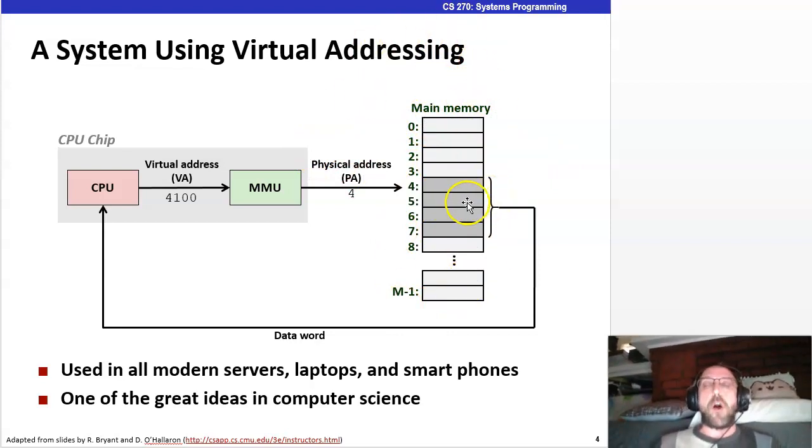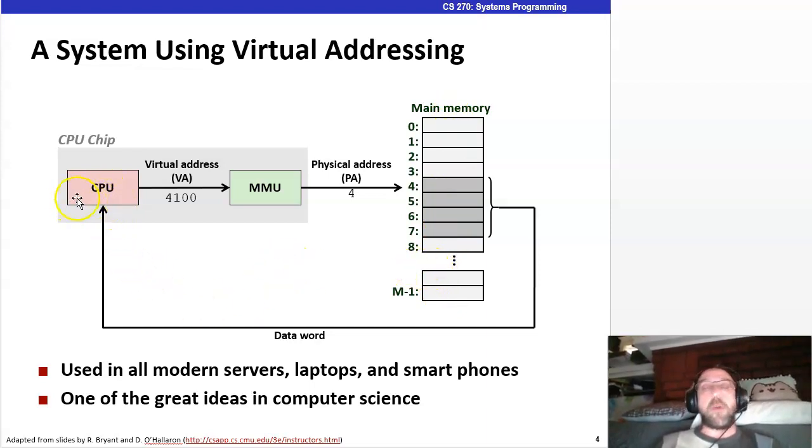As time has gone on, the main memory on modern computers is, of course, larger than 64 kilobytes. So maybe let's say 8 gigabytes. And the addresses of main memory, that is the physical addresses, go from 0 up to 8 billion minus 1 or something along those lines.